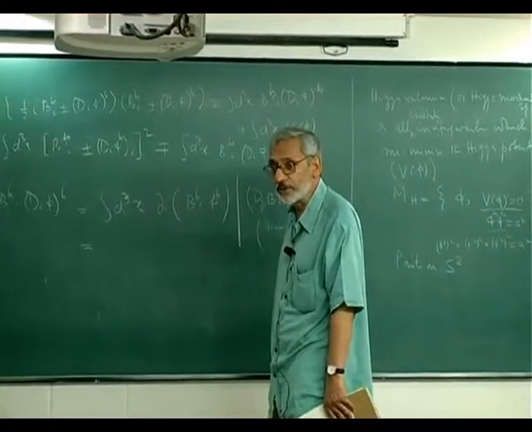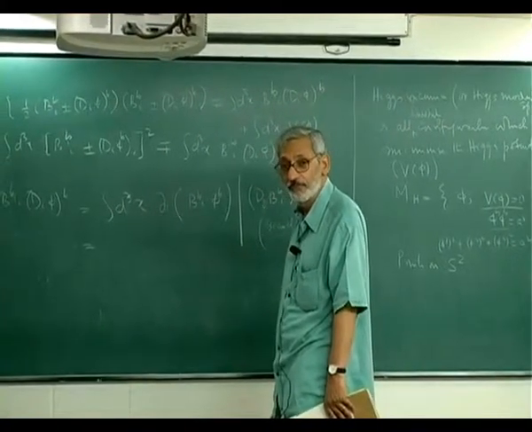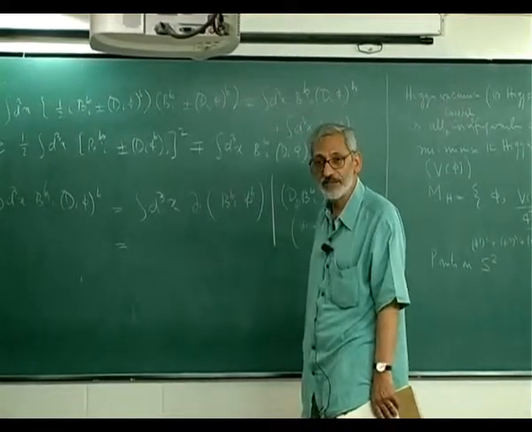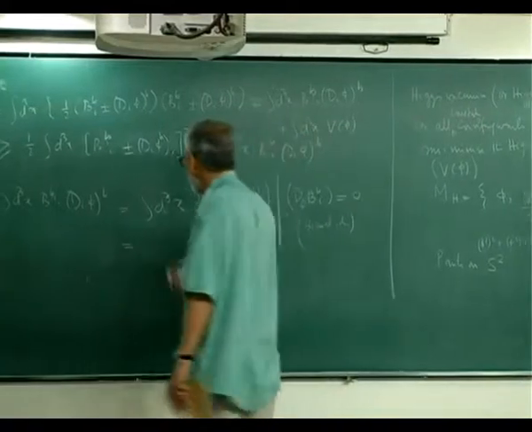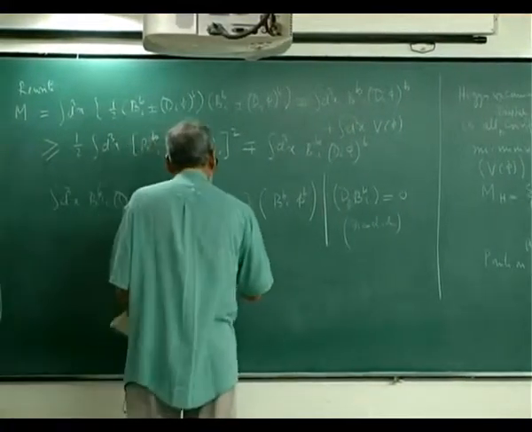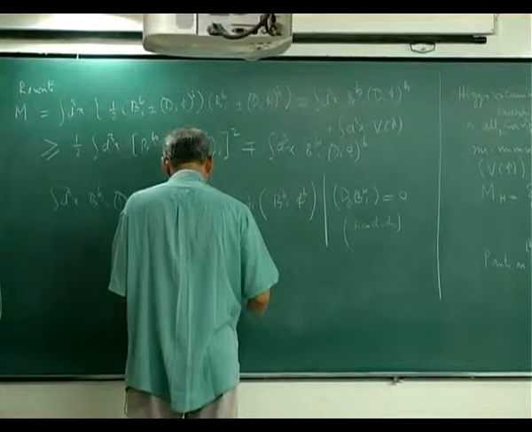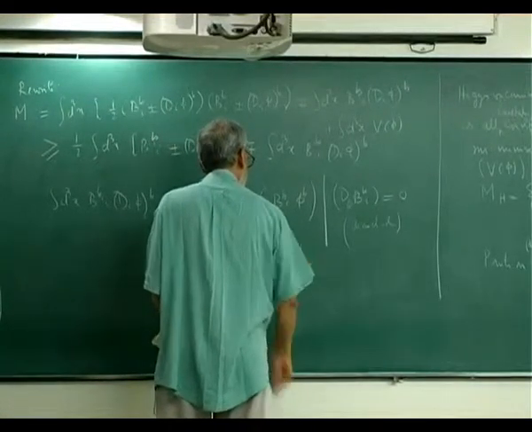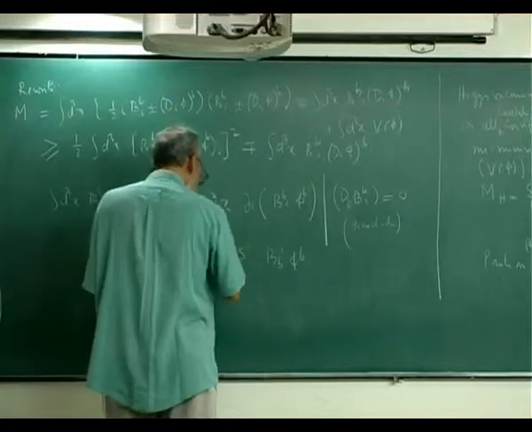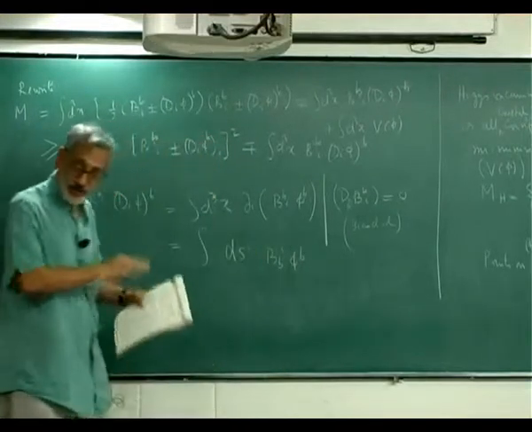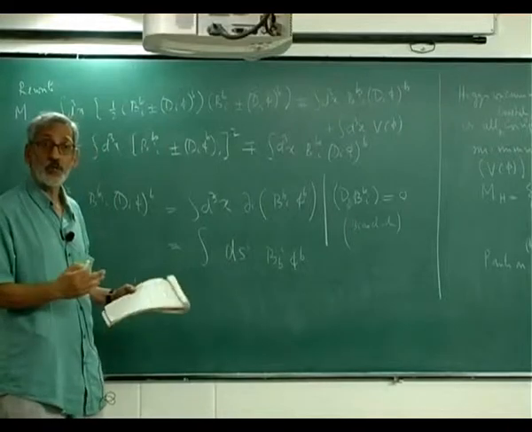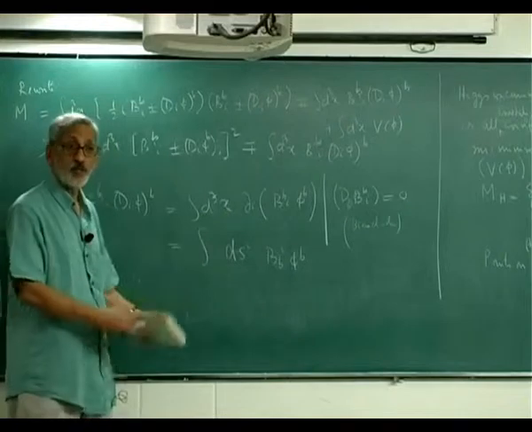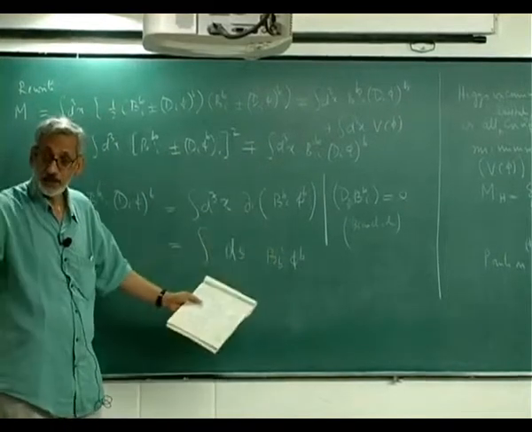I can use Stokes' theorem to convert this volume integral into a surface integral. So I'll rewrite it now as the integral dS_i of phi B_i, where dS_i is an element on the surface at the boundary of space, because there was a space integral, and the boundary of space is an S2.